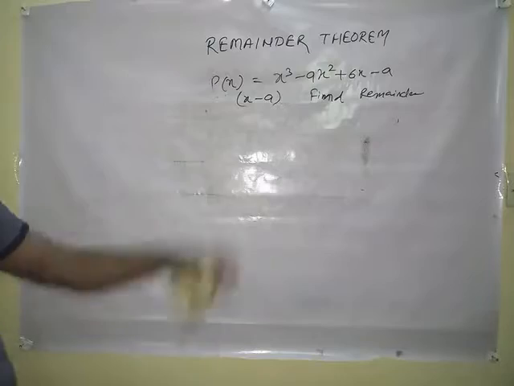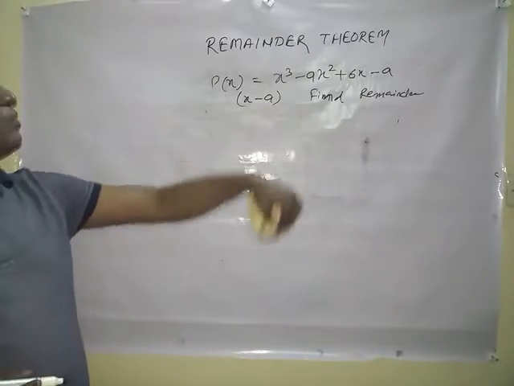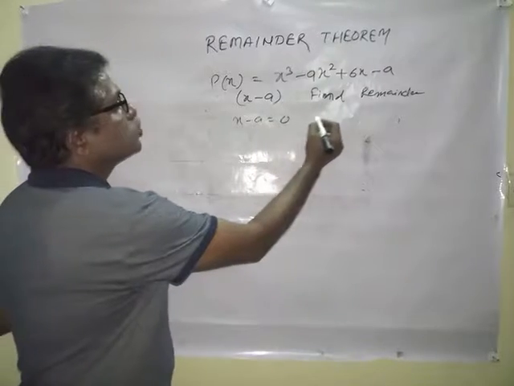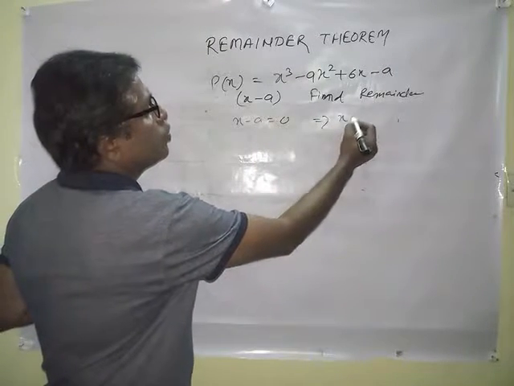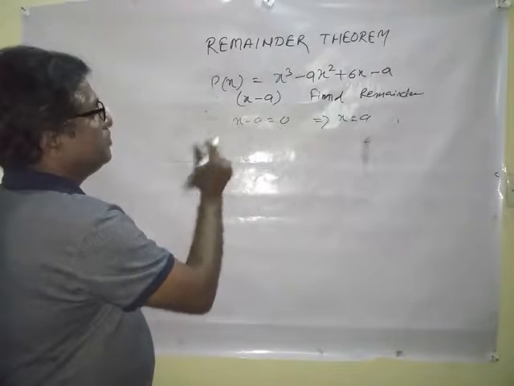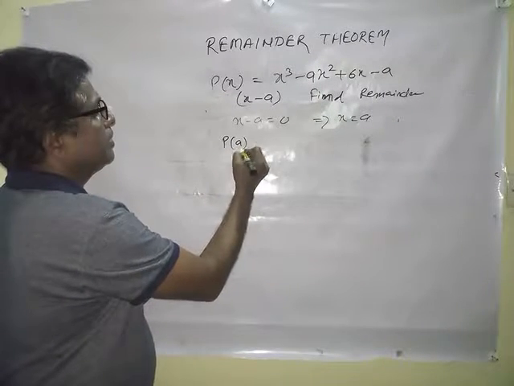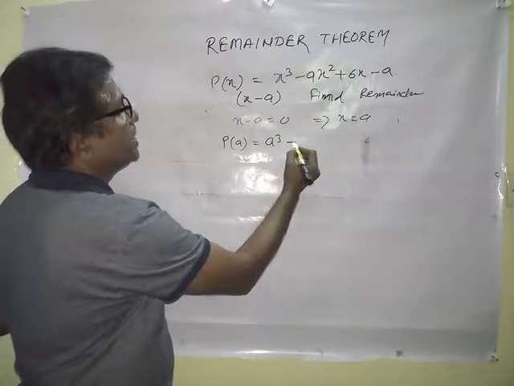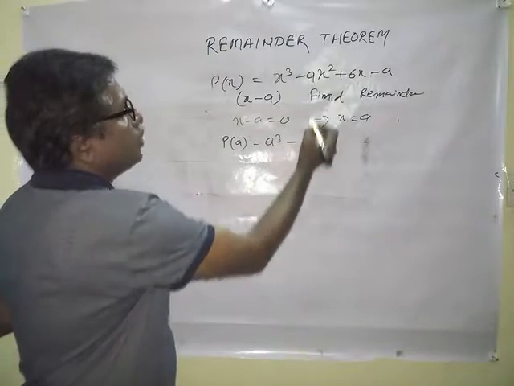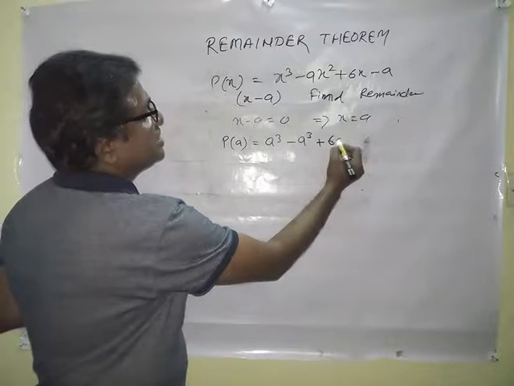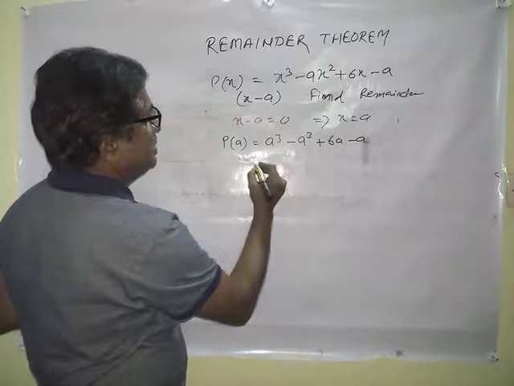In this equation, just set x minus a equal to 0. So x equals a, find P(a), which is equal to a cube minus a into a squared, a cube again, plus 6a minus a.